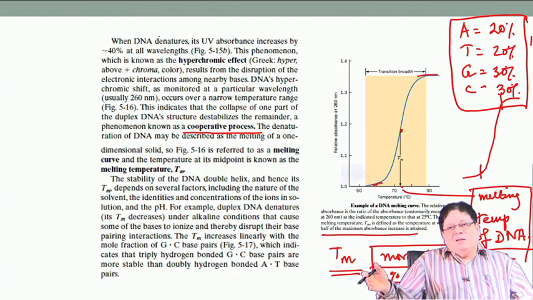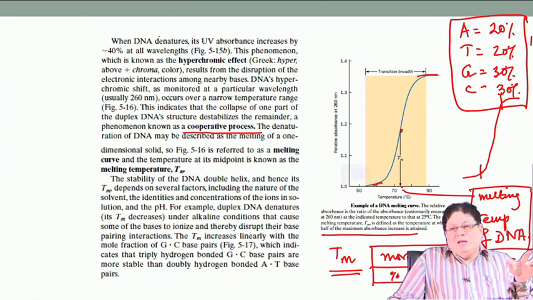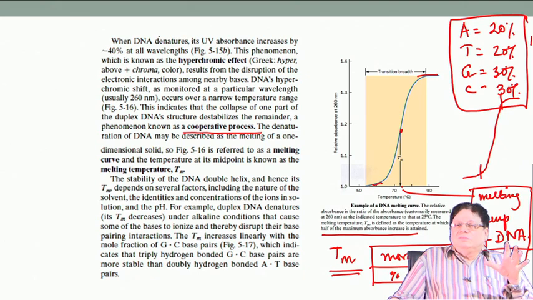Okay. Then the Tm also depends on, suppose you are determining Tm of a DNA in presence of a molecule which disrupts hydrogen bonds, like urea. Urea is a famous molecule which disrupts hydrogen bonds in protein as well as in your DNA.